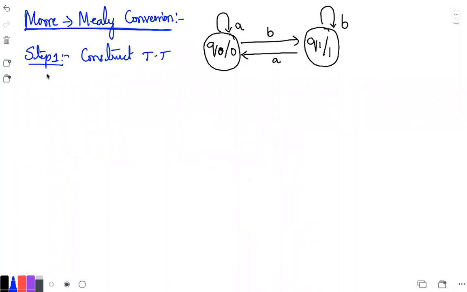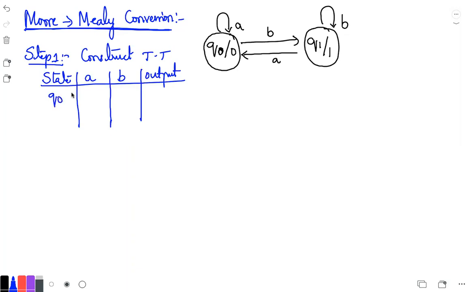The Moore table is like this: state, inputs, what are the inputs? A and B, and the output field. Now Q0 on A will reach Q0 itself. Q0 on B will go to Q1.